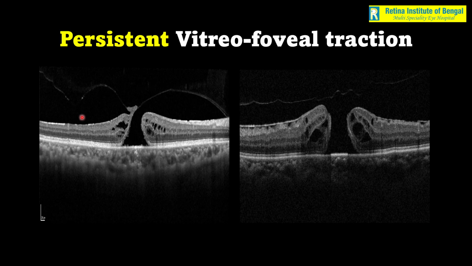So a patient who has a persistent vitreofoveal traction, that means it is stage 2, you can tell them clearly that you are more likely to close, you are more likely to gain vision. So if you have a persistent vitreofoveal traction like this, you can tell the patient that's a positive sign. I like to operate on you as fast as possible because you are more likely to close and also gain vision.